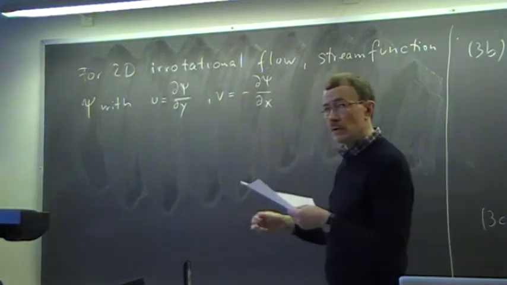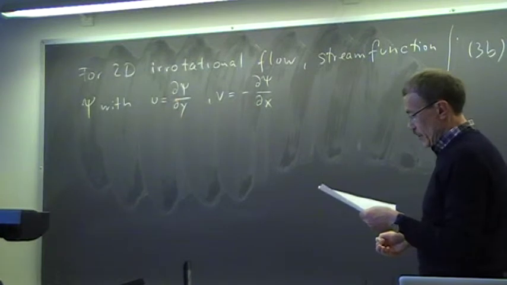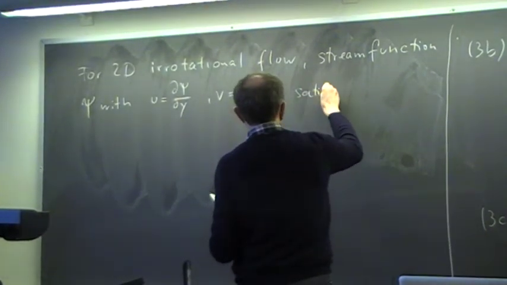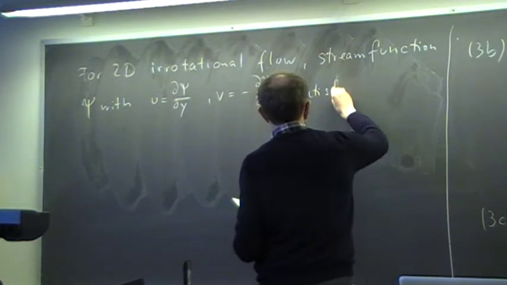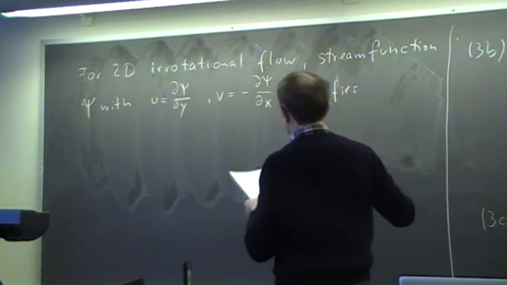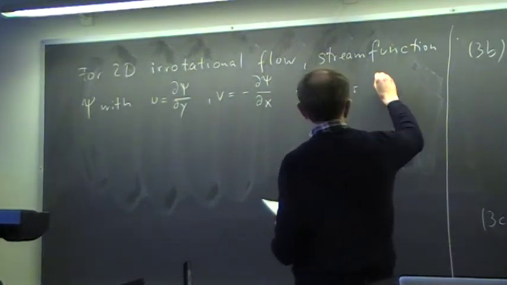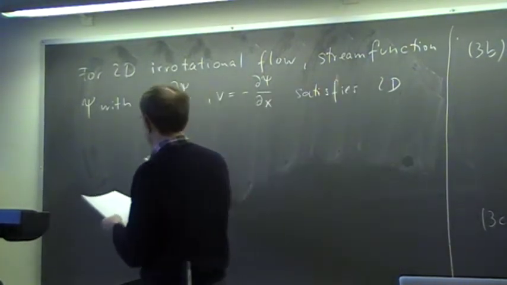So then we can satisfy the continuity equation, and then to get the curl of the velocity to 0, we get this 2D Laplace equation.